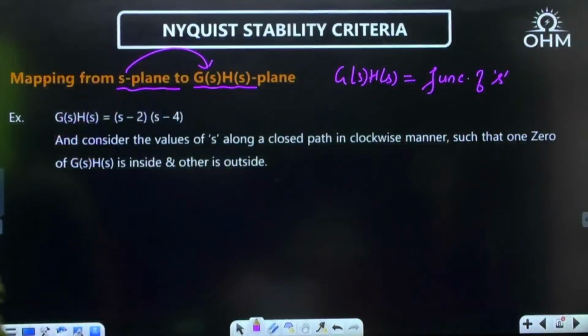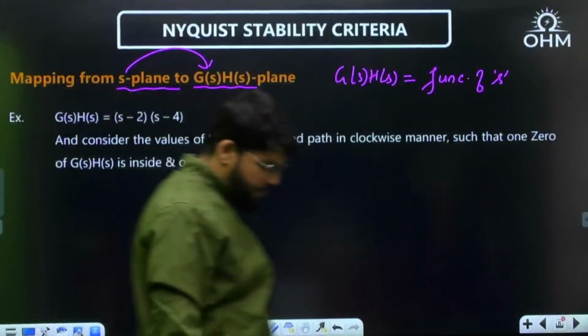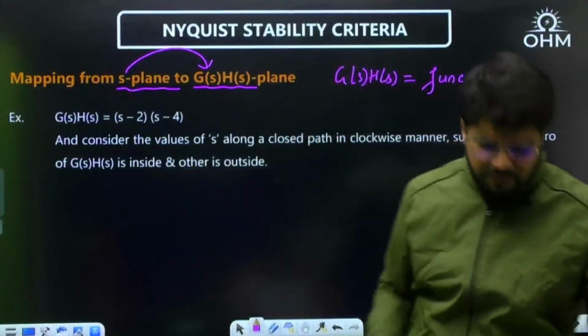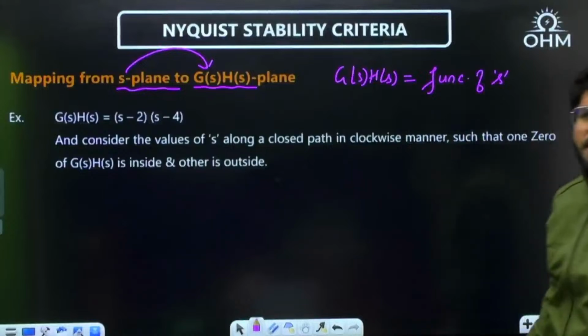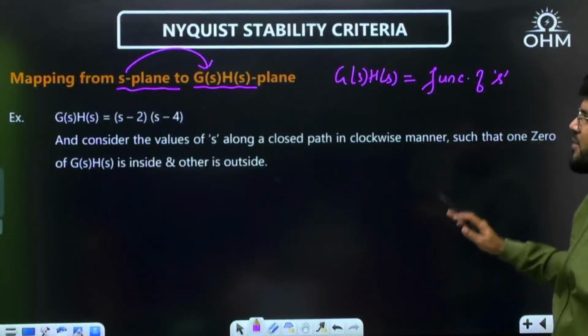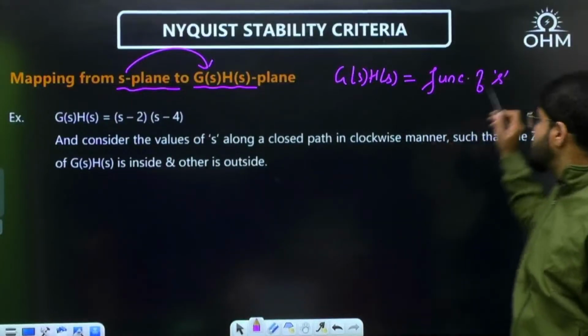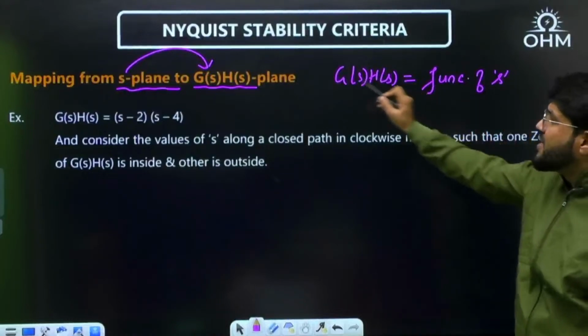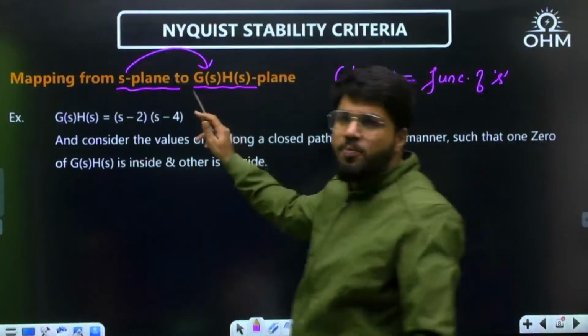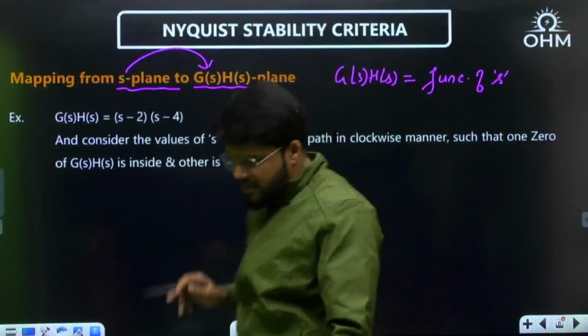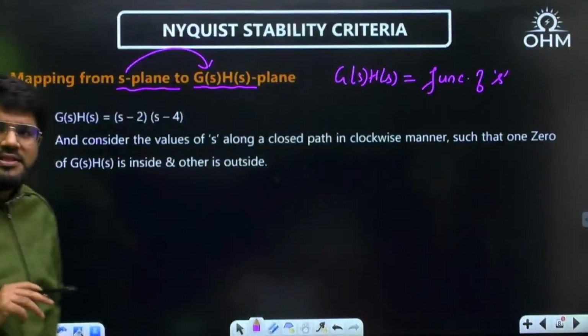Because it is a function of a complex variable, we need two planes to plot it. One is the S plane, where I will show the s values. One is the G(s)H(s) plane. So there will be two planes in the picture, the S plane and the G(s)H(s) plane.